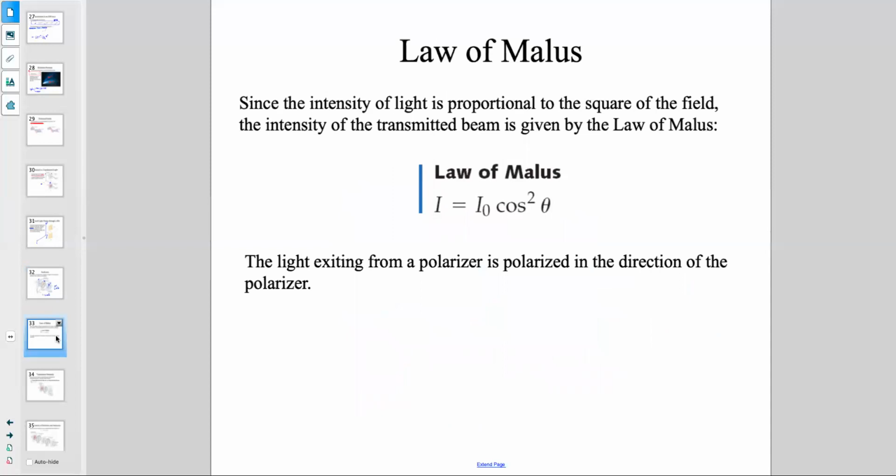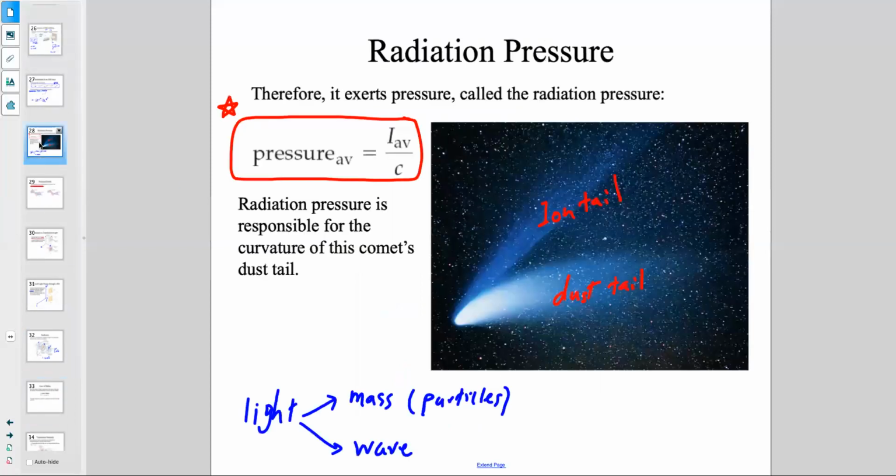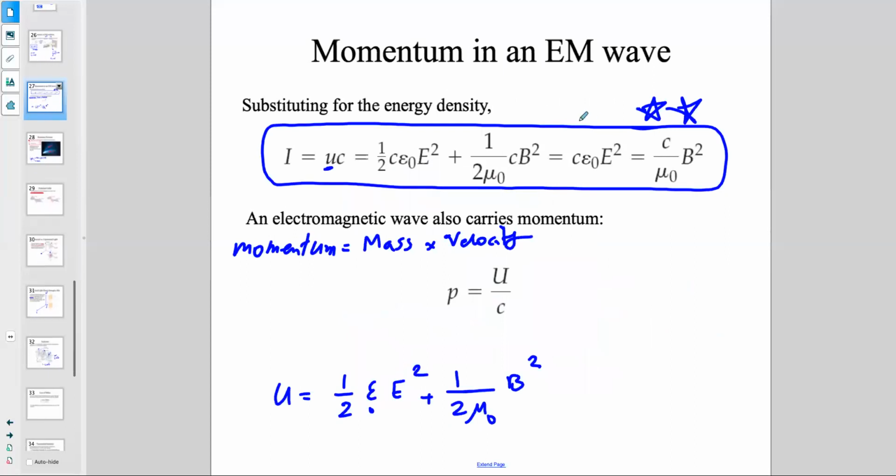This is exactly what it's talking about. Since the intensity of light is proportional to the square of the field, remember this? Let me go a couple of slides back. Here we go.